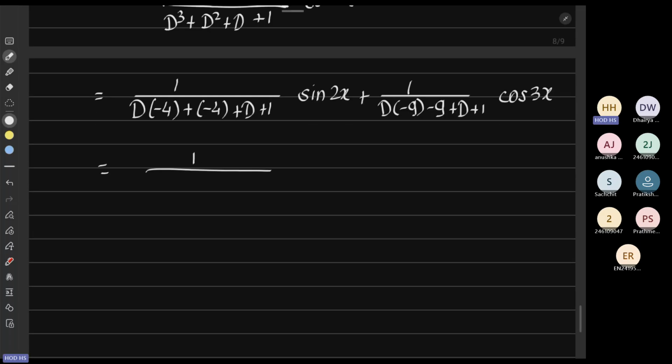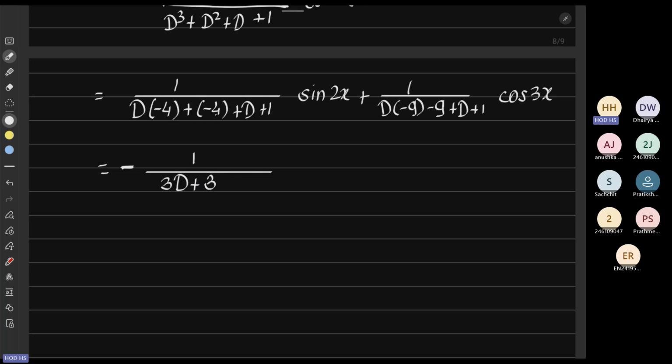We can simplify this term as minus of 3d plus 1. Notice that this will be minus 3d and minus 3.